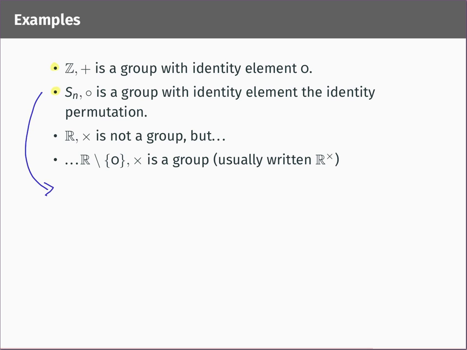Remember, to be a group, you have to pass 3 axioms: the identity axiom, the inverses axiom, and the axiom of associativity. So let's do them one by one. First of all, the identity axiom.